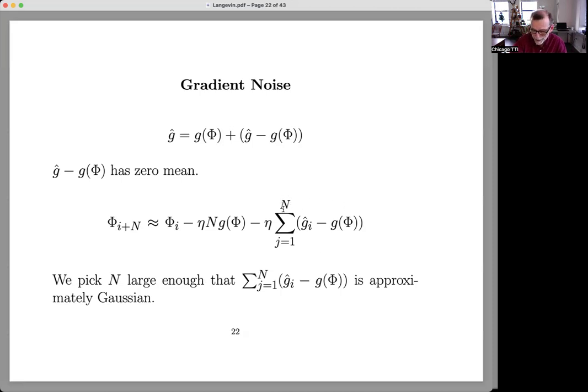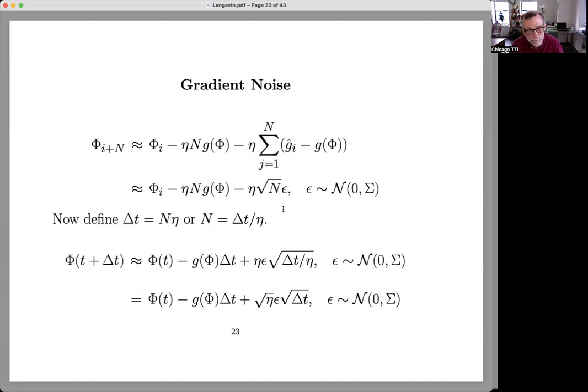Think of n as the mini batch size. I'm going to rewrite this, which I had before. I'm going to say this is approximately Gaussian, so I'm going to rewrite it to actually take a Gaussian sample. And this is going to be approximately correct to the extent that the central limit theorem is approximately correct.